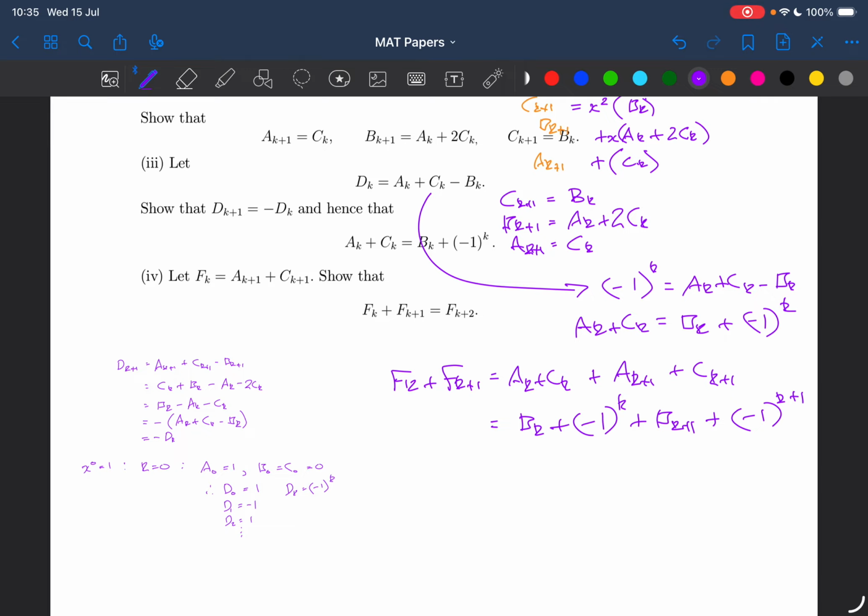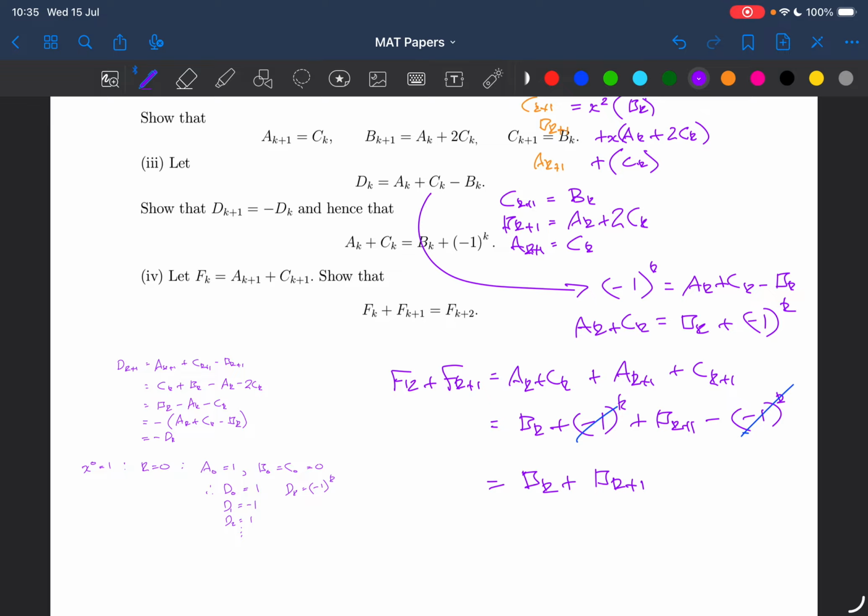And I'll get rid of the plus 1 up there, so basically extracting one of those minus 1s to turn that into a minus, and then immediately those two bits can cancel out straight away. So all we're left with is bk plus bk plus 1.